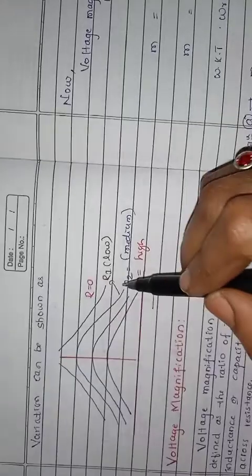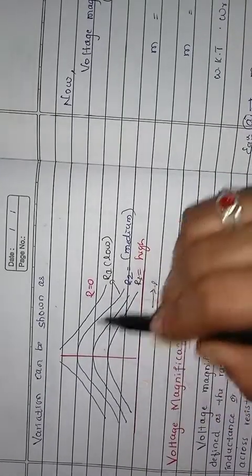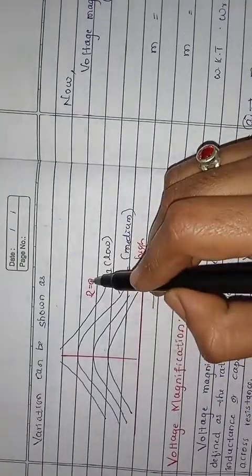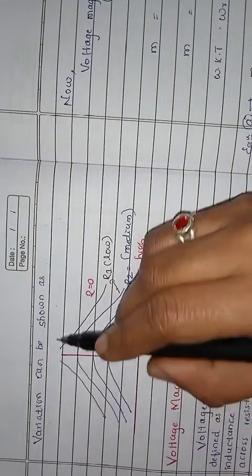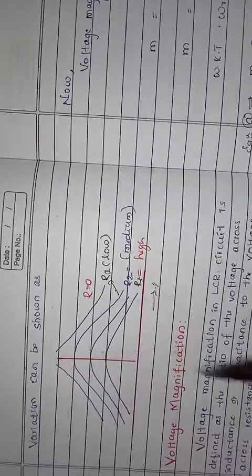If the resistance is low, then the curve is like this. If resistance is 0, then the variation of frequency, or the sharpness, is like this.